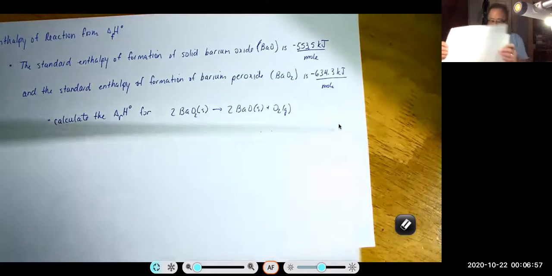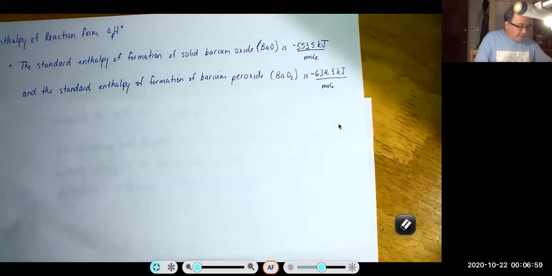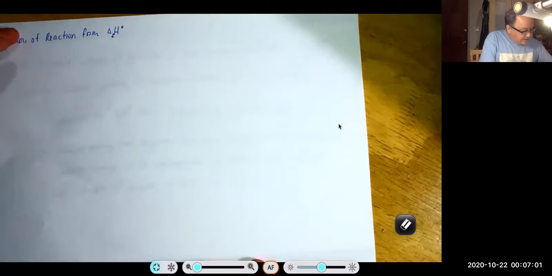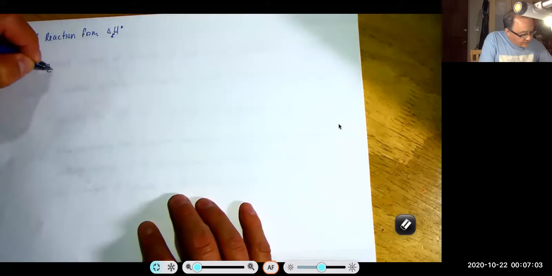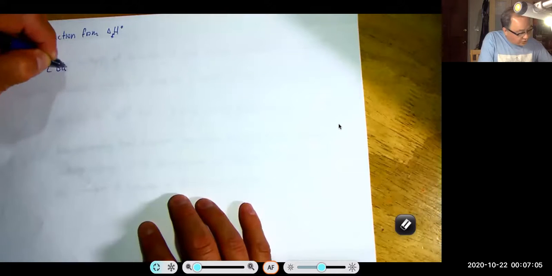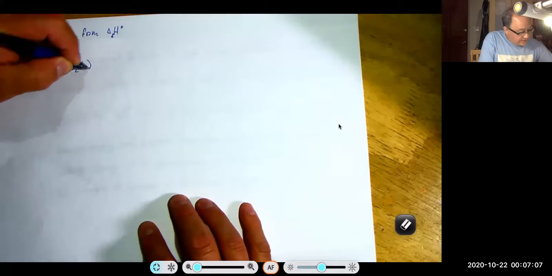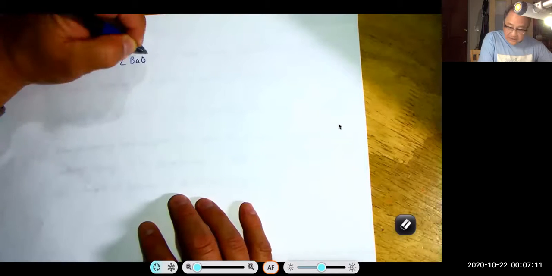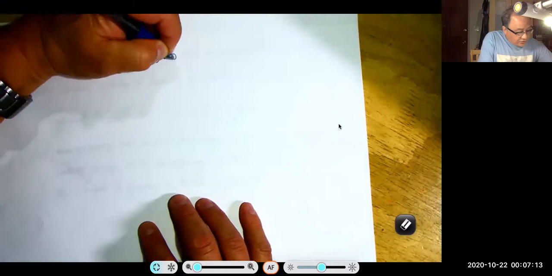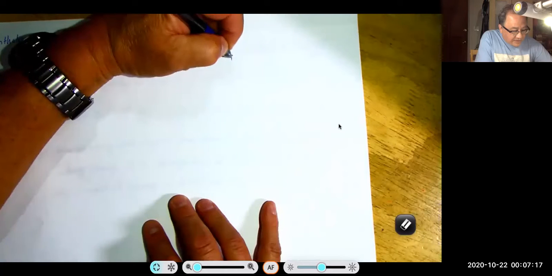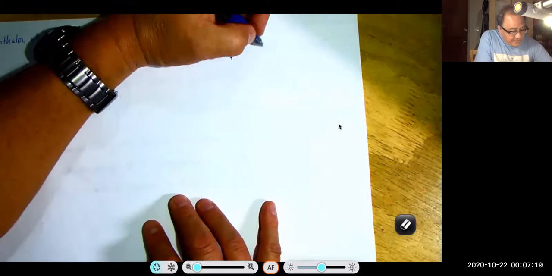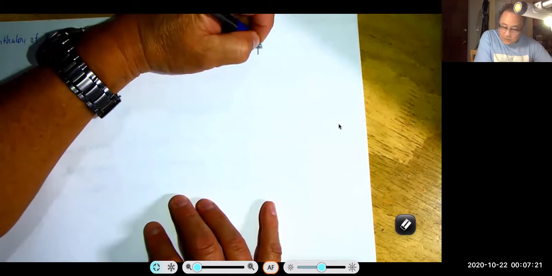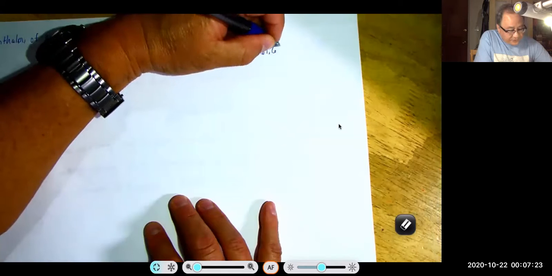So let's start fresh. And I'm going to write the reactions out. And so we have 2 barium superoxide solid turning into 2 barium oxide solid plus O2 gas. And the enthalpy of formation is equal to 161.6 kilojoules.